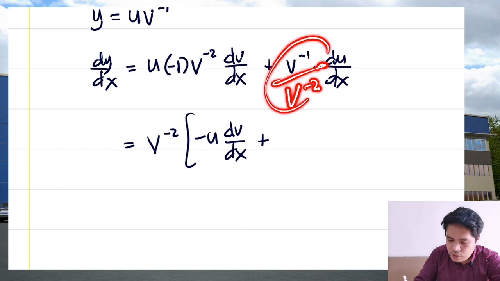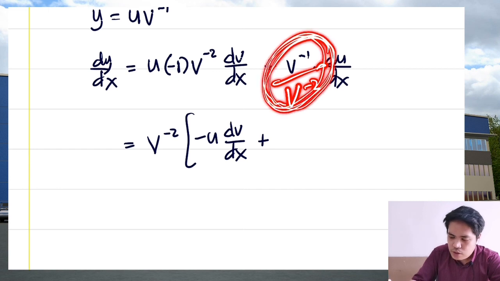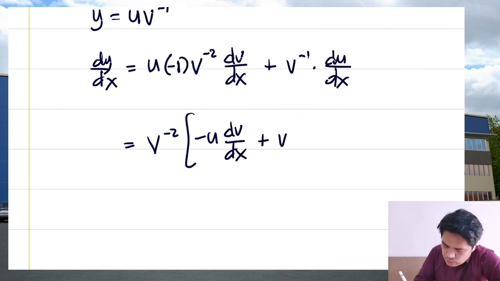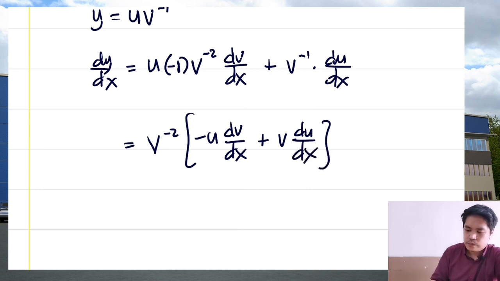And alam naman natin how to simplify this, so that will be v raised to negative 1 minus negative 2, which is v raised to 1.